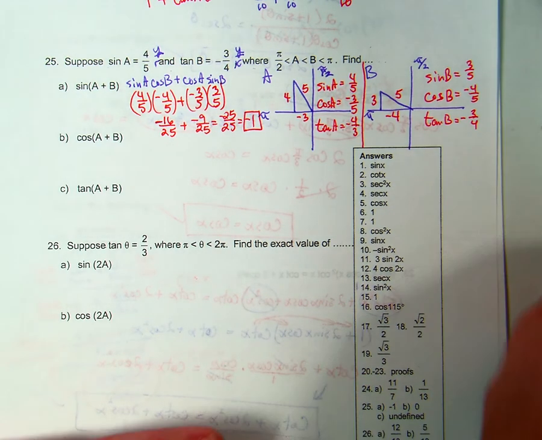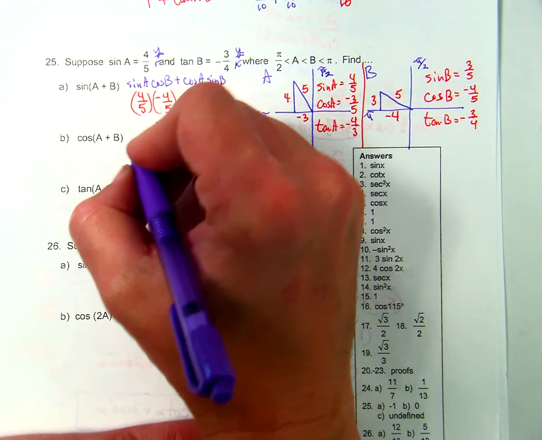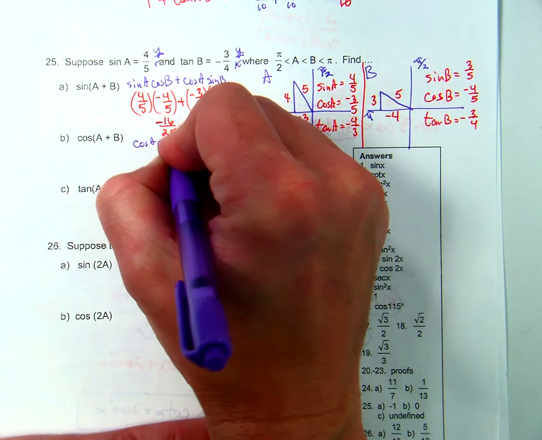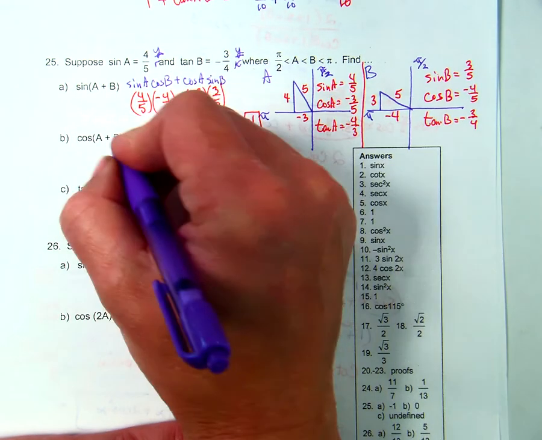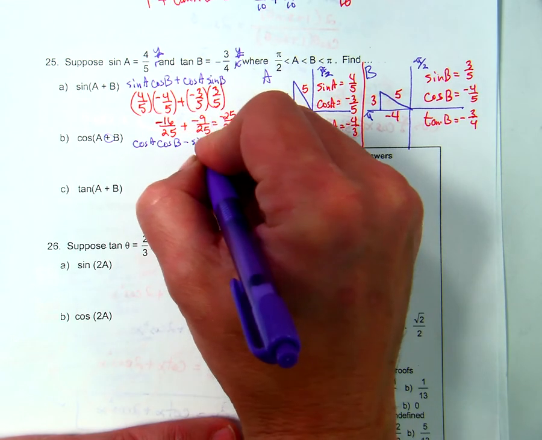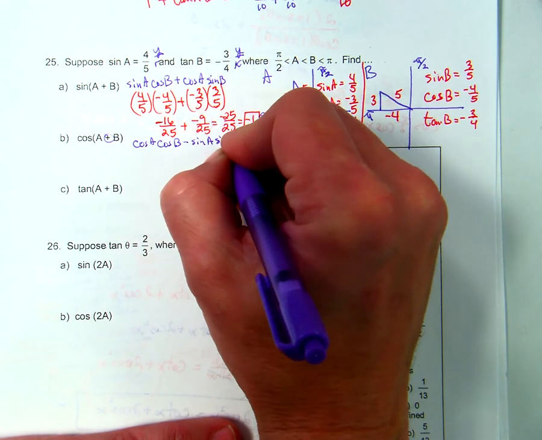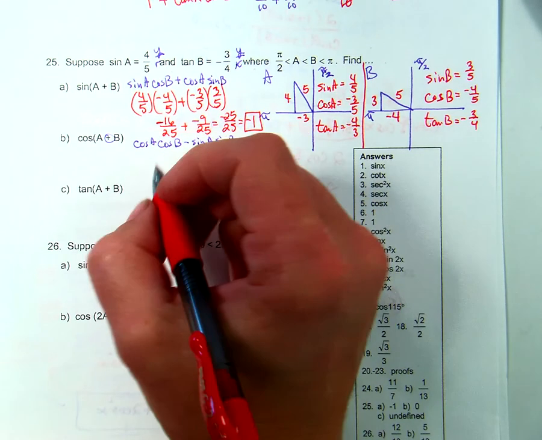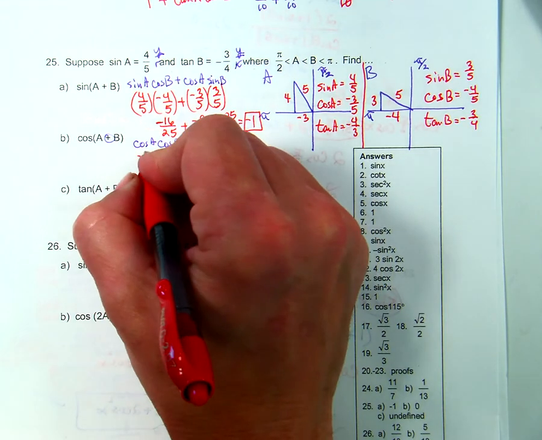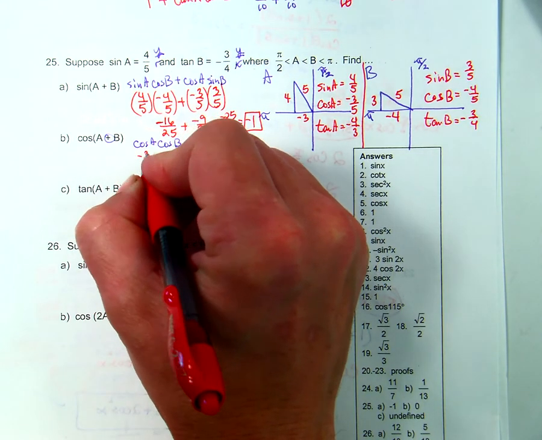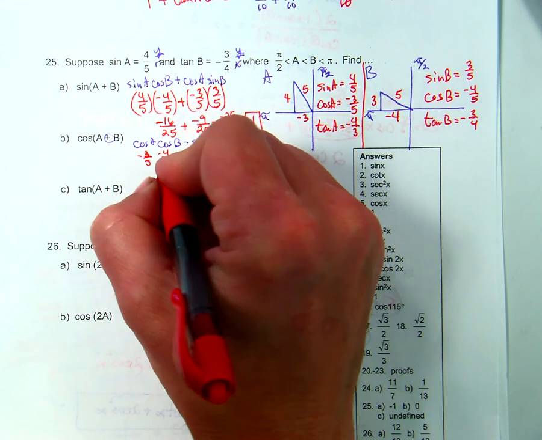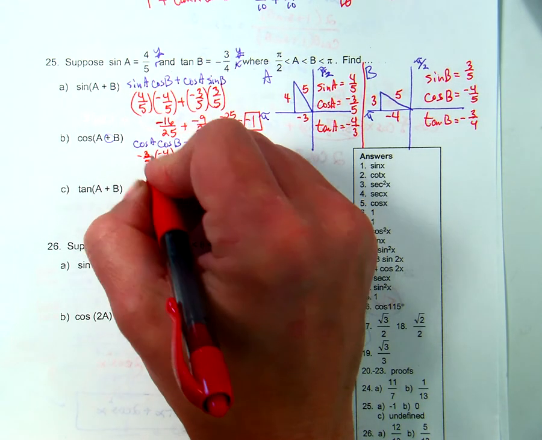For B, I'll change colors here again so we can see it. This is cosine. It's going to be cosine A, cosine B. It keeps them together. It flips the sign. Sine A, sine B. Plug in our values. Cosine A is negative 3 over 5. Cosine B is negative 4 over 5.